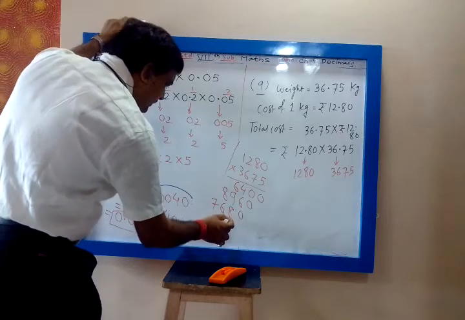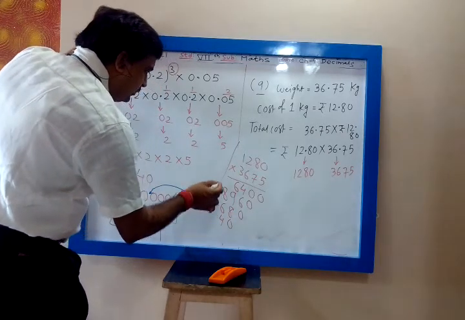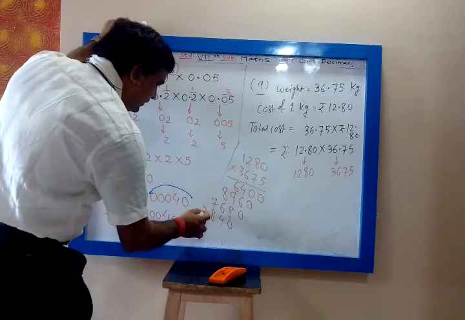Now 3 0, 3 8s are 24, 3 2s are 6, 6 plus 2, 8, 3 1s are 3.